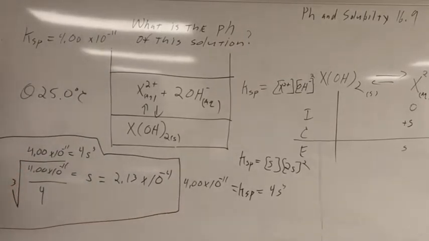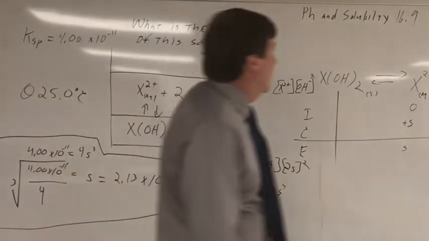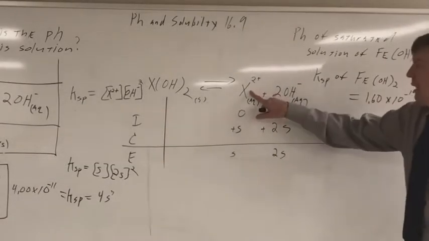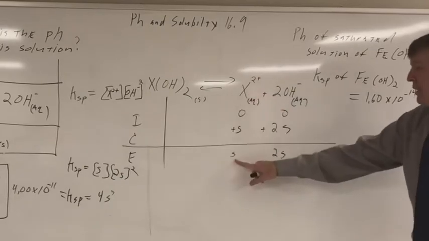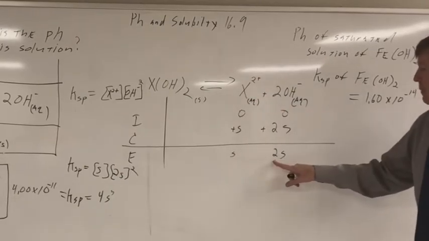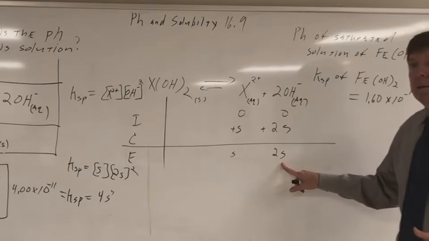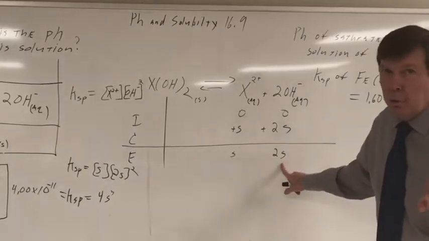Now we want to determine the pH of this solution. Be careful here. We have solved for s. s is the molar solubility of our double positive generic metal here. So we've solved for s. You want to solve for 2s. Then, no rookie mistakes here, no rookie mistakes.